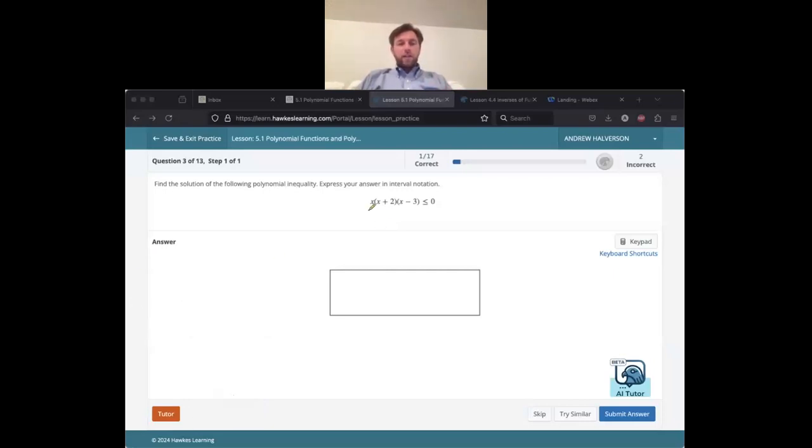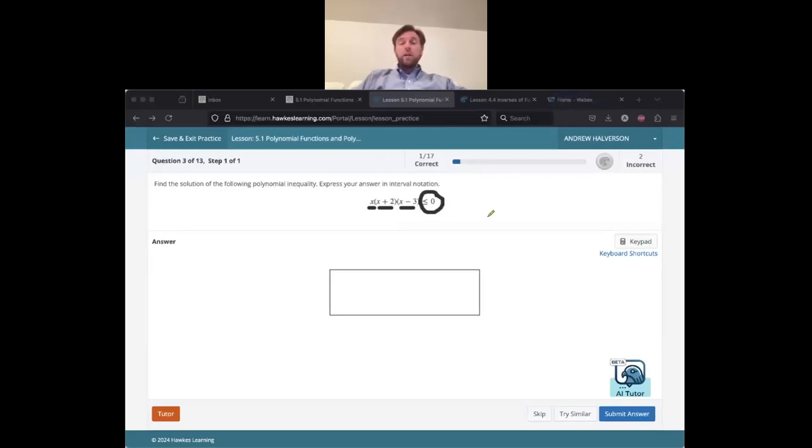It's the same idea here. How do we know that? Because this is x times x plus 2 times x minus 3. You have three numbers you're multiplying. So what is this saying? What's the result it gives us? When it says less than or equal to 0, it's saying 0 or negative, because that's what less than 0 is.